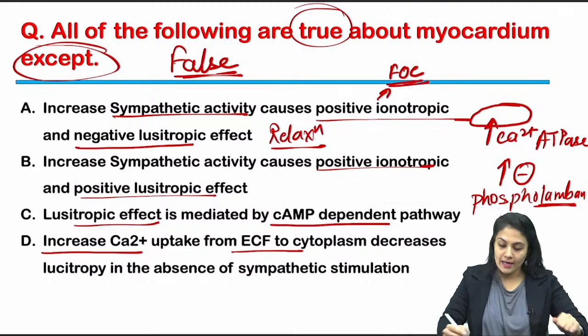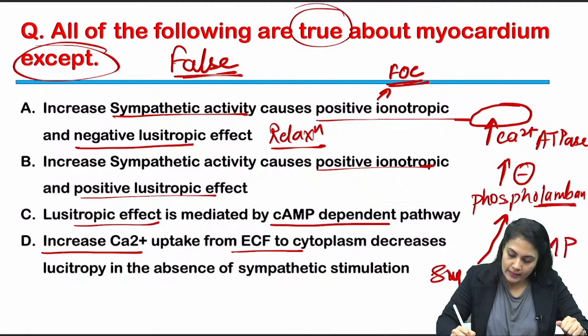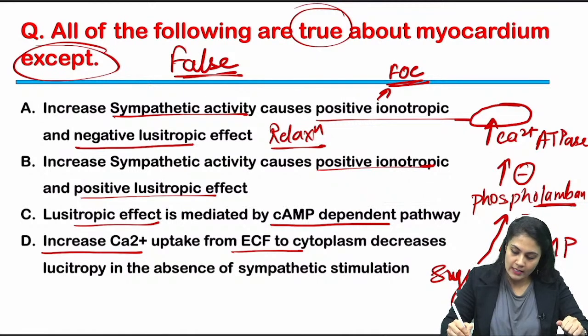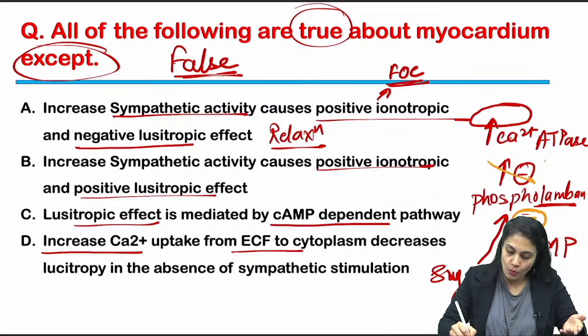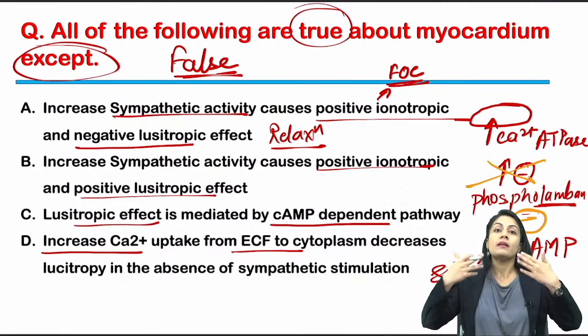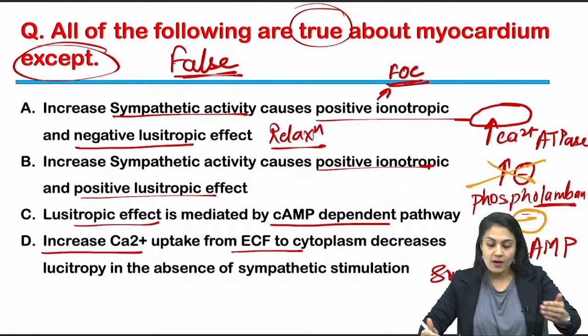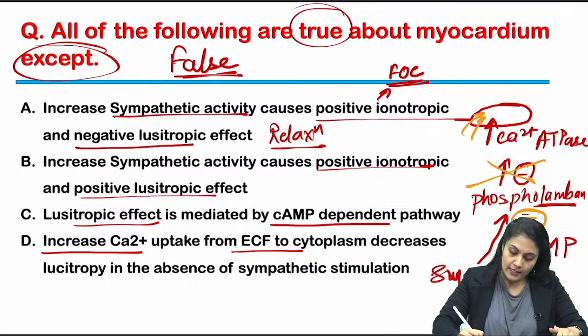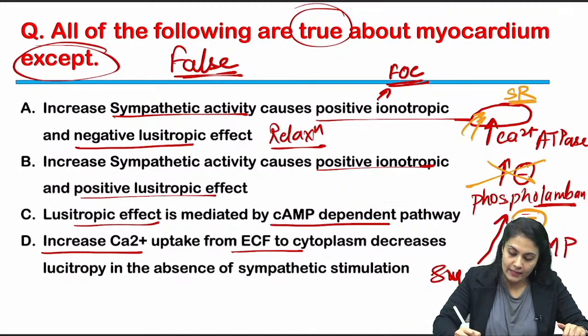But understand, as soon as your sympathetic system is activated, it causes increase in the cyclic AMP, and increase in the cyclic AMP causes inhibition of the phospholamban. That means there is no one to inhibit the calcium ATPase. The calcium ATPase will be acting faster, right? And if it is acting faster, more and more calcium can go inside the sarcoplasmic reticulum within less time.